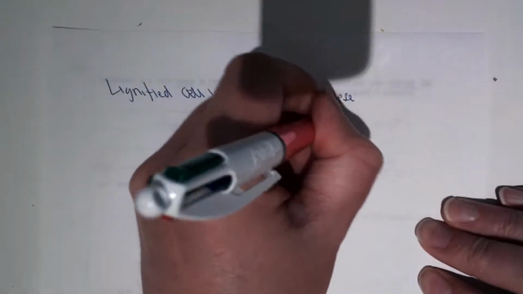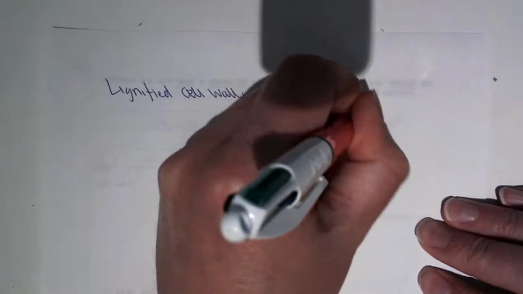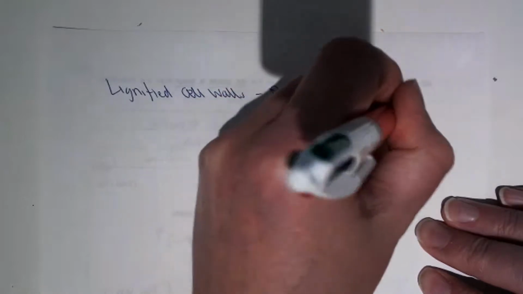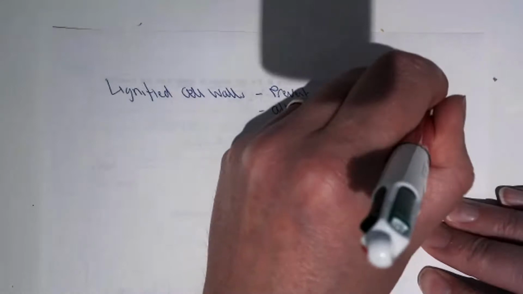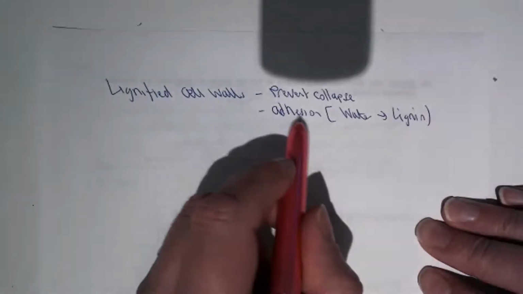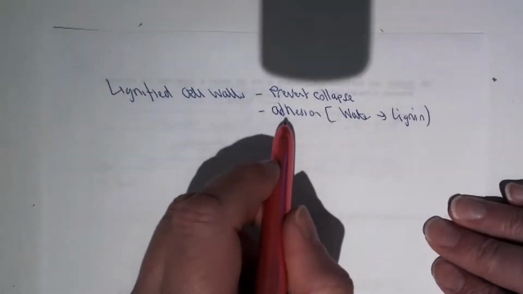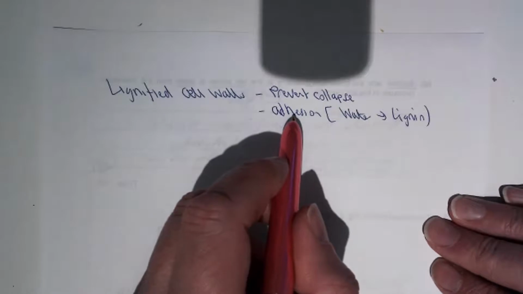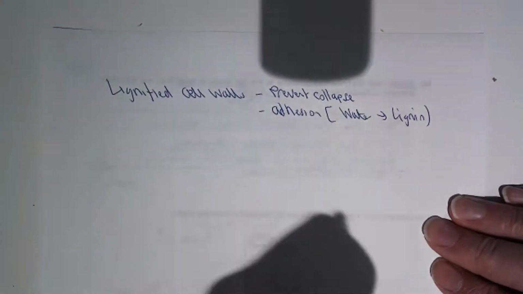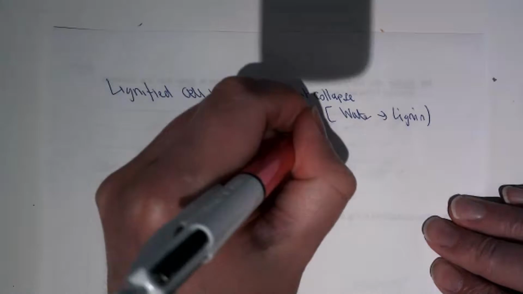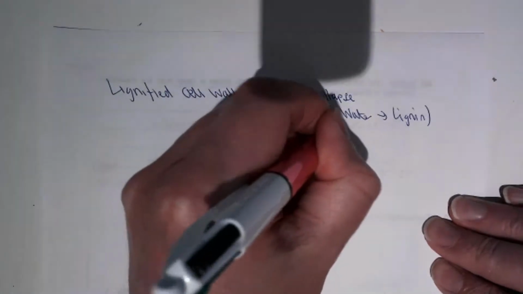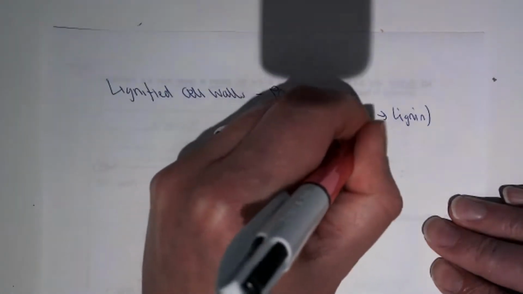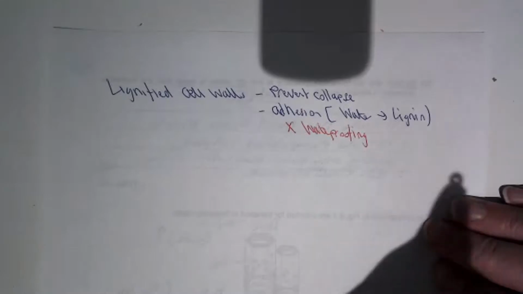The water molecules are attracted to the lignin, so they stick to the lignin. There's a strong adhesion to the lignified walls. We're not talking about waterproofing. That's nothing to do with its role.